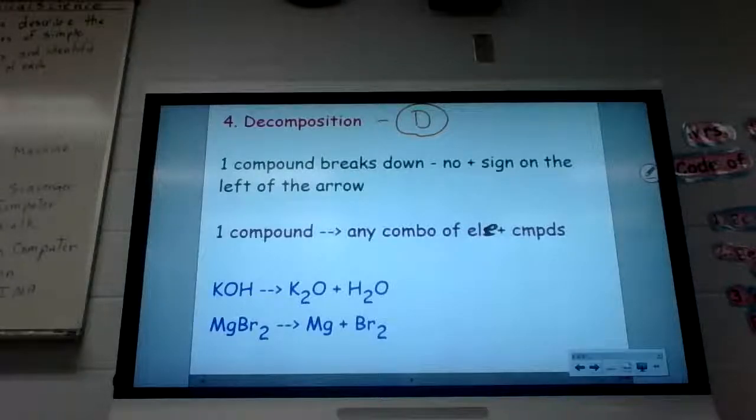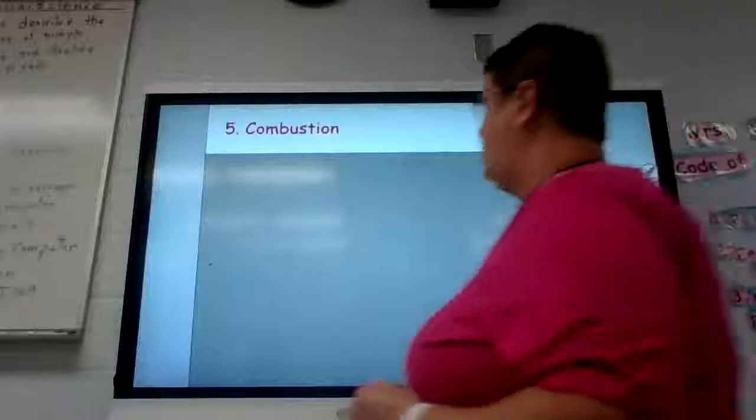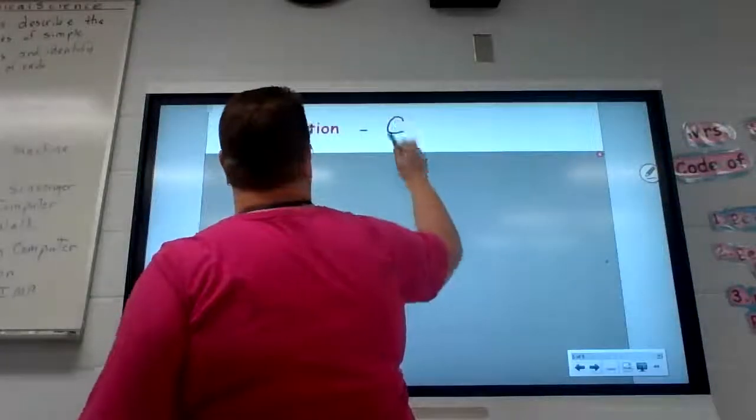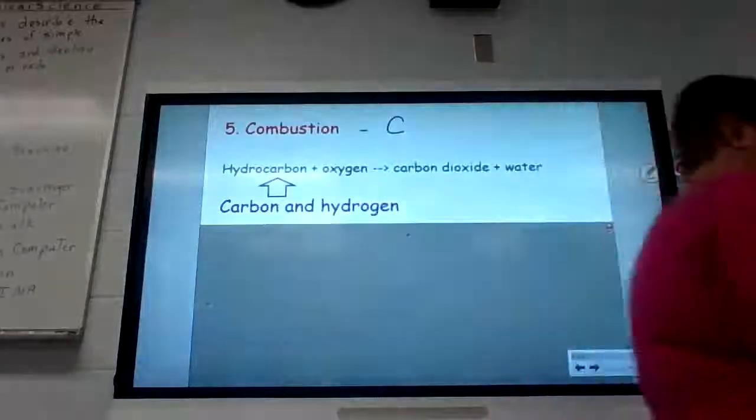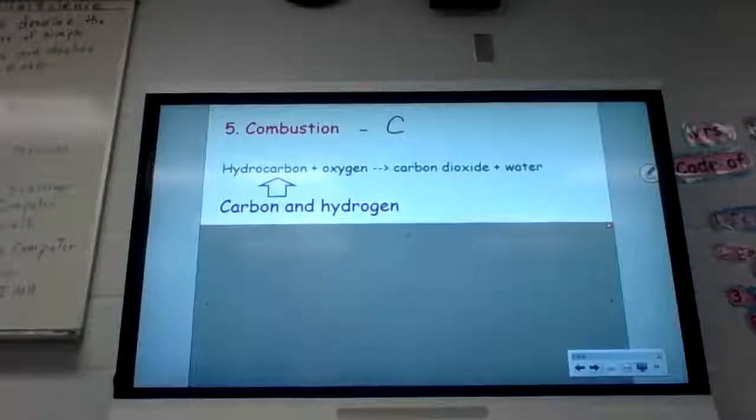Everybody got it? All right, so the last one is combustion, and its abbreviation is a C. So far, everything that I've given you has been things like element, compound. They switch places. It has no plus. This is the one where I'm going to tell you exactly what compounds and elements you have.